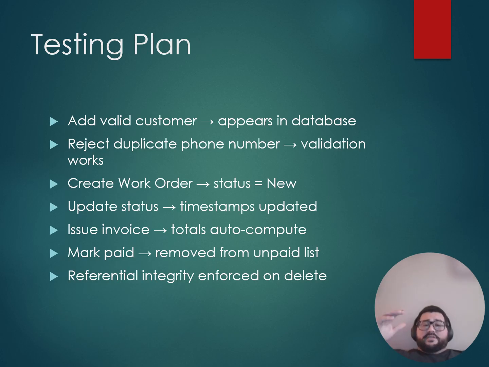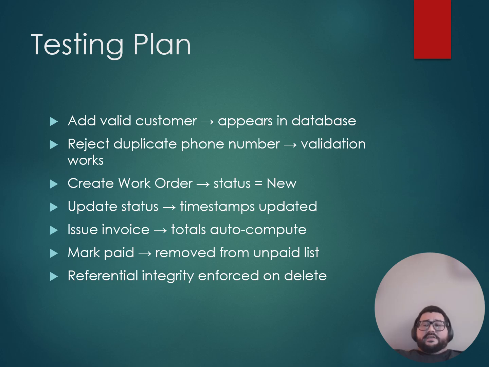And then these are going to be the testing plan that we need. So essentially, it's just going through the workflow. Is to add valid customer, make sure it appears in our database, reject the duplicates, and so on and so on.